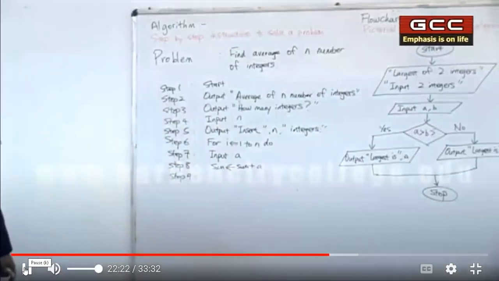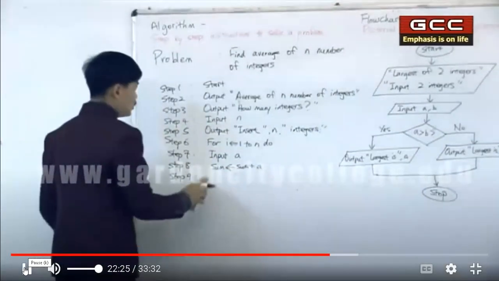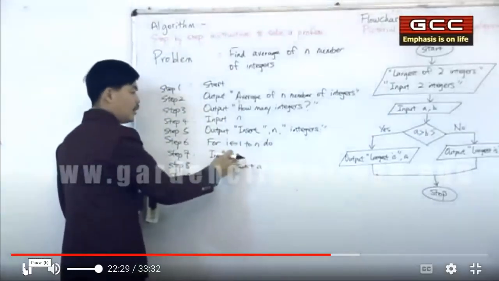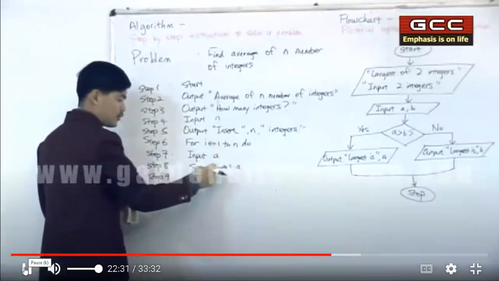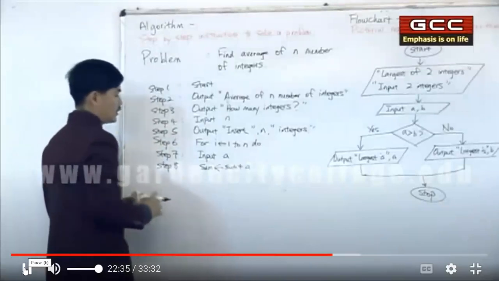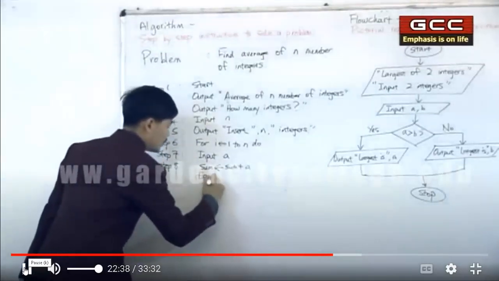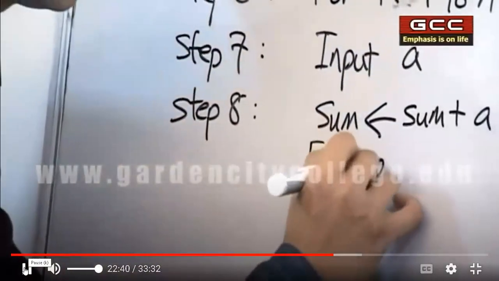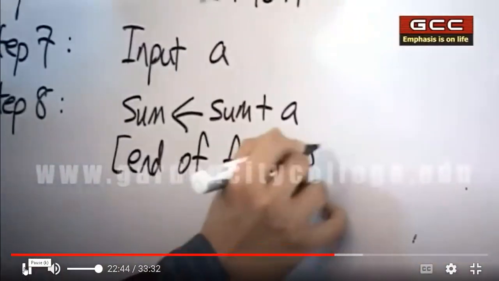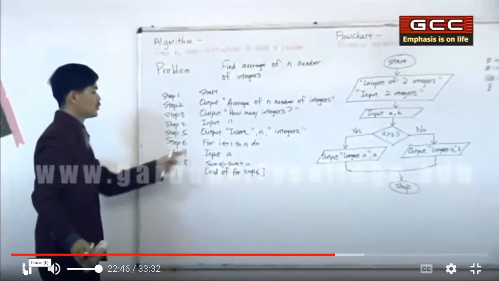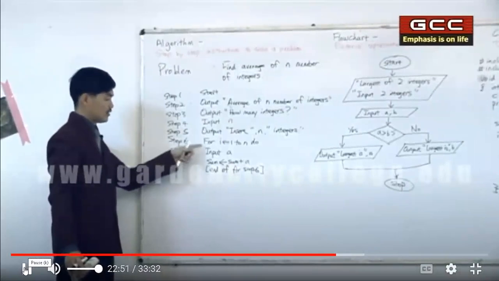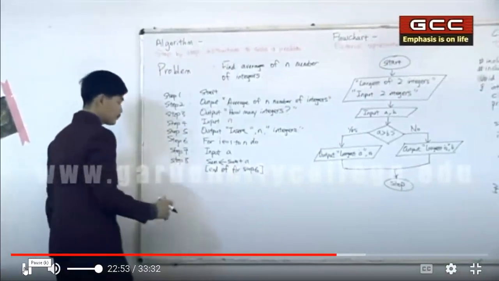One example is that we can use indentation and make these 2 statements indented inside so that you can know that these 2 statements belong to this for loop. Or another way is that we put a remark over here, end of for loop, step 6. This would tell viewers that that's the end of the loop.